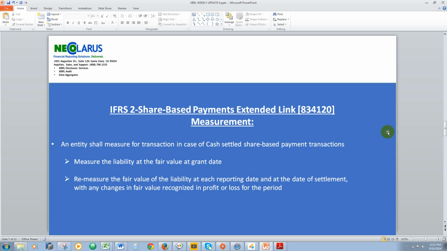And it also says that the liability is recognized over the vesting period as well. So that's all about what we need to know about the measurement with regard to IFRS 2 share-based payments.